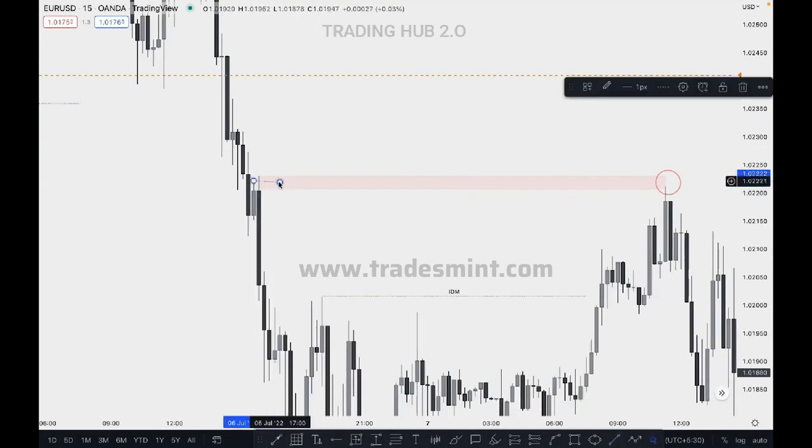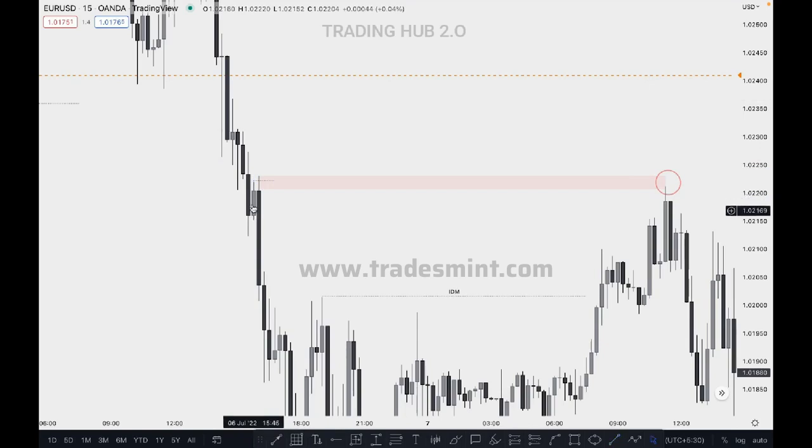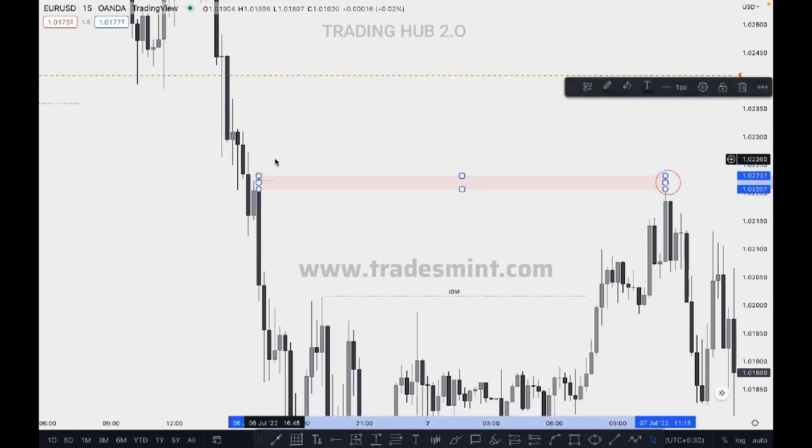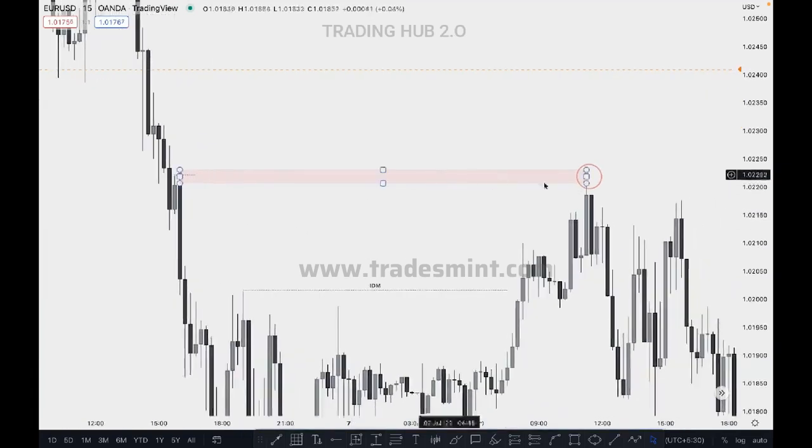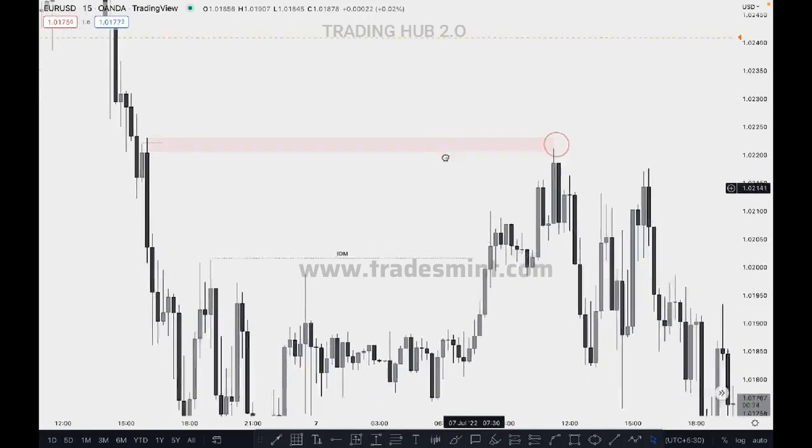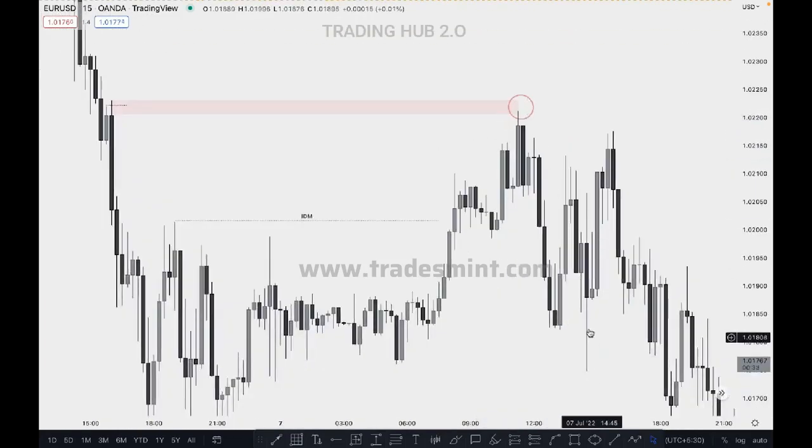This is our middle candle, and the inside bar is here. This candle did not take any previous swing high or low. This candle actually took out the previous candle's low, which is here. That's why the market tapped on this extreme supply zone, and then the market pushed downside.